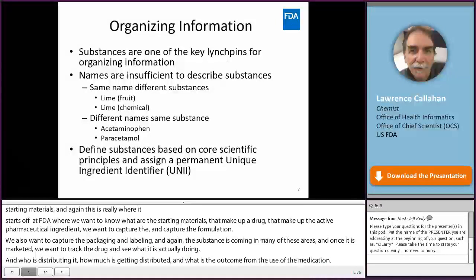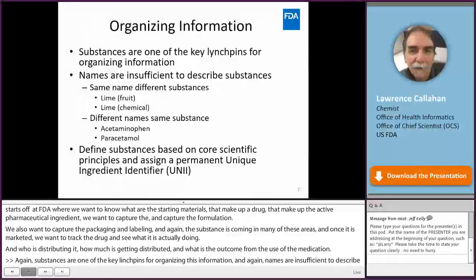And again, names, of course, are insufficient to describe substances. The same name can lead to very different substances. One example is lime, which is a fruit, and then lime, which is a chemical that you use for cleaning and other things. And then different names can be the same substance. Acetaminophen is quite a bit different than paracetamol, but they're basically the same substance. One name used in the U.S., one name used in Europe.